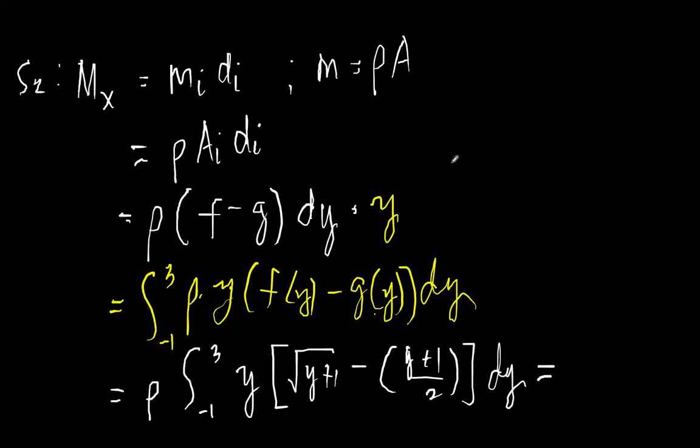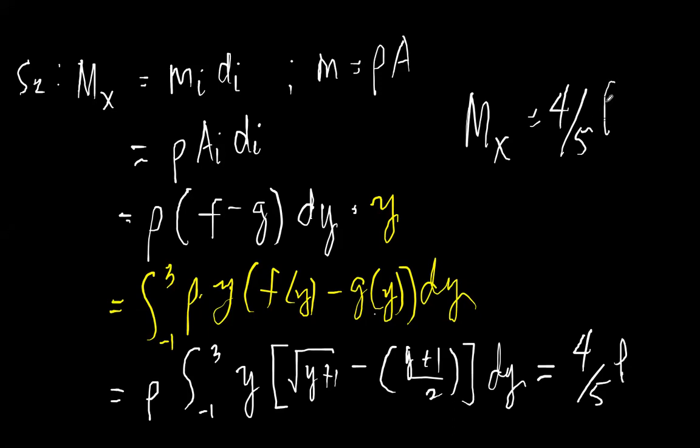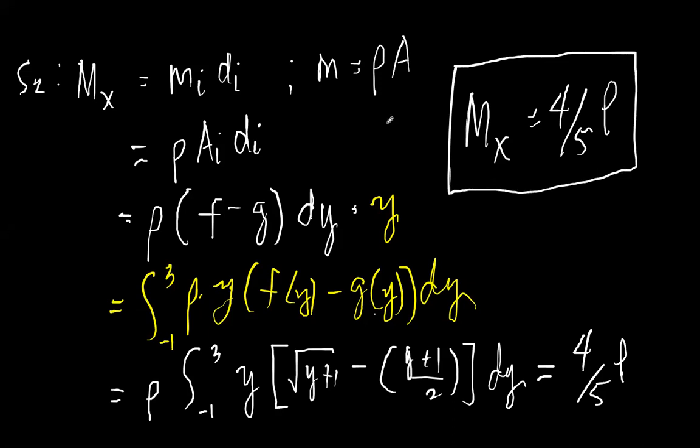Since we have already discussed how to integrate these functions, let's say that we have already integrated this, and the answer here is 4/5. So our moment about the x-axis is equal to 4/5 rho. So this is our M sub x.